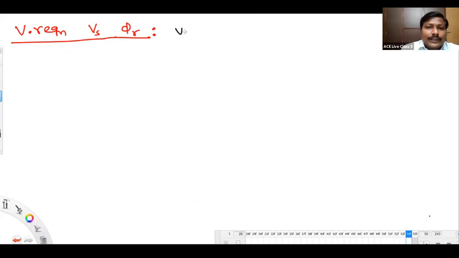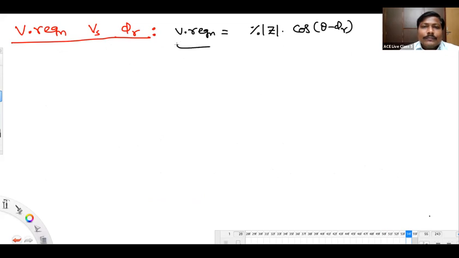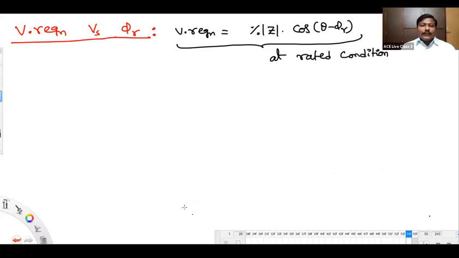So voltage regulation equals percentage Z magnitude times cos (theta minus phi r). This is at rated conditions, or you can call it the full load condition.